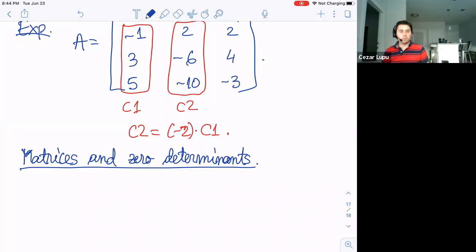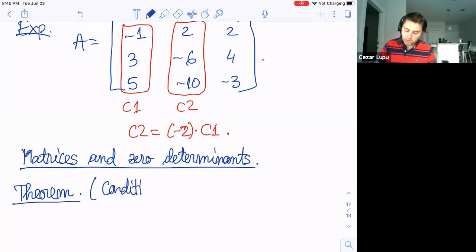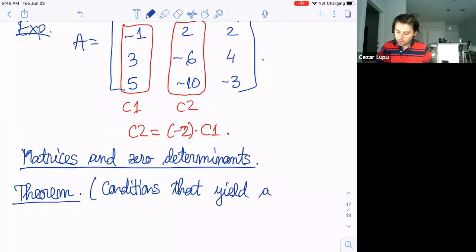It's good for me to know under what conditions I have matrices with zero determinants. And we have the following theorem, which says the following. Conditions that yield a zero determinant.